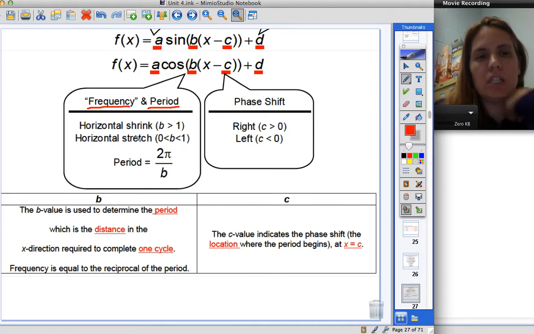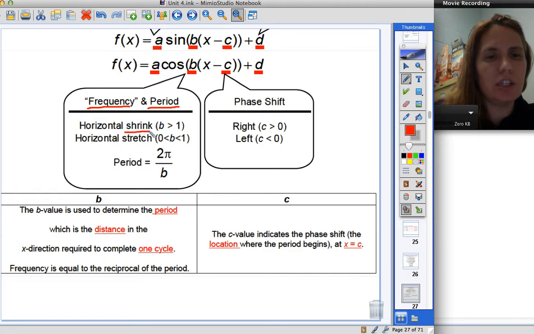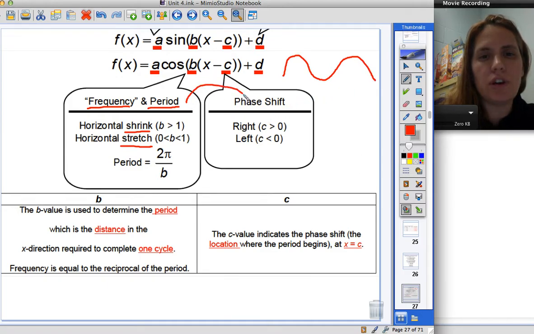For now, you just need to know that if B is greater than 1, you're actually shrinking, and if it's a fraction, you're stretching. So normally your sine or cosine graph may look like that. If you stretch it, your waves get farther apart like that. If you shrink it, your waves will get really close like this, okay?